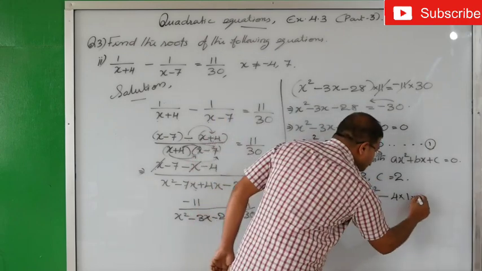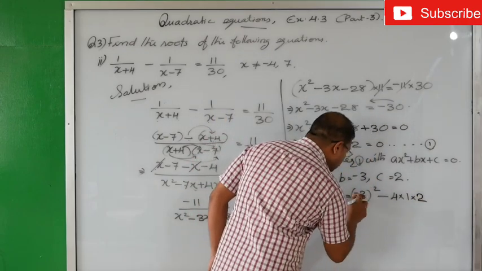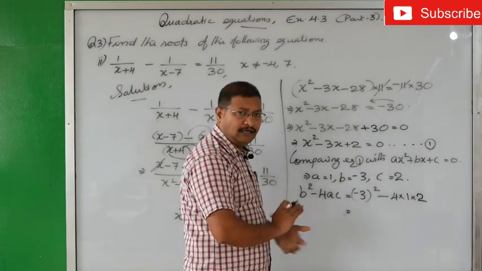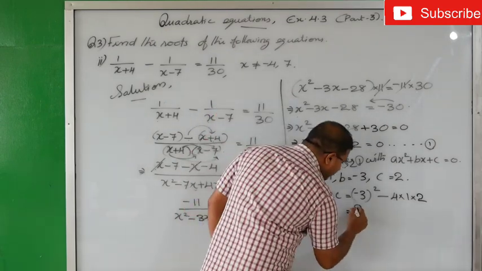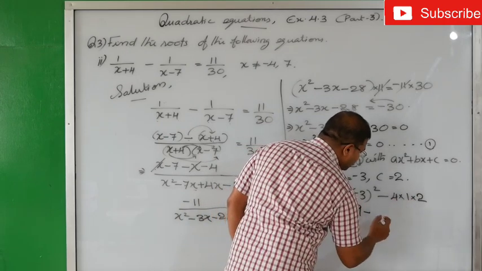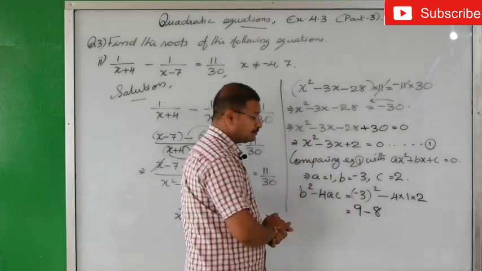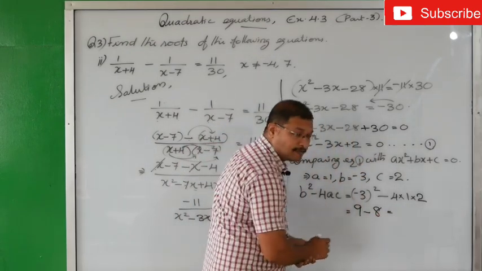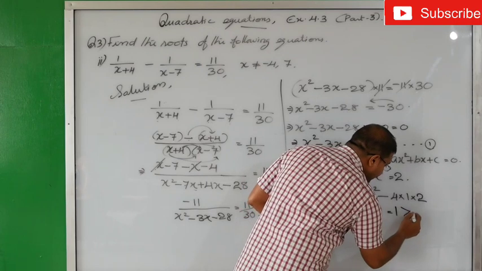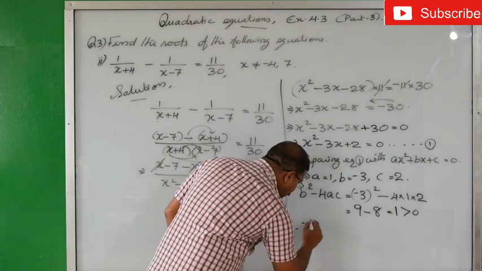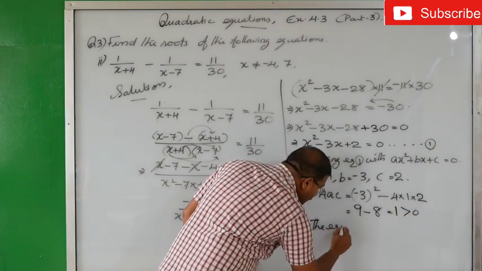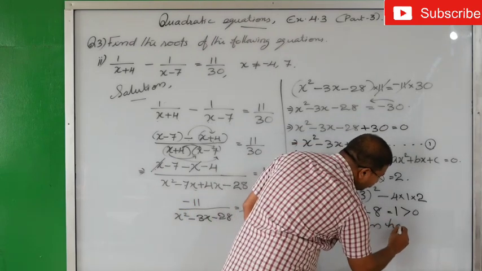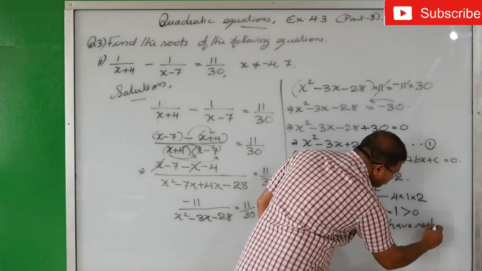Equals square of minus 3, 3 3s are 9, minus 4 2s are 8. That means 9 minus 8, 1. Of course, it is greater than 0. Therefore, the equation has real roots.